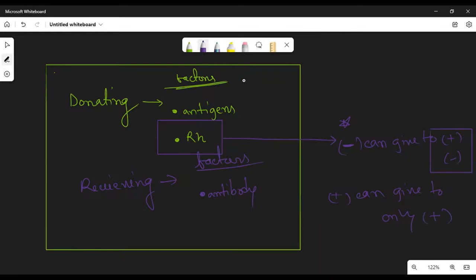Positive can only give to positive, but negative can give to positive and negative because of the Rh factor. Keep that in mind. Because when it's negative, it has no Rh factor, no rhesus factor, no antigen.